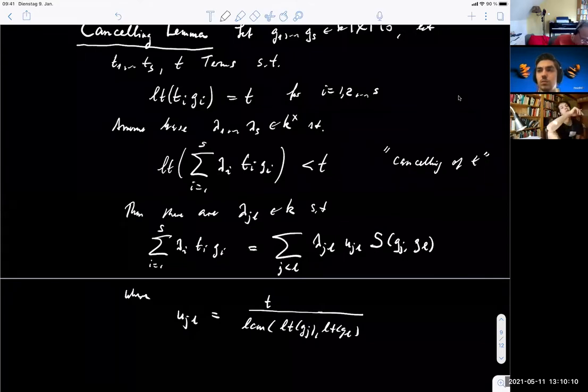You see what's happening. I replace this linear combination of the Gi by the linear combination of the S polynomials. And how about this strange thing? So this is a term.